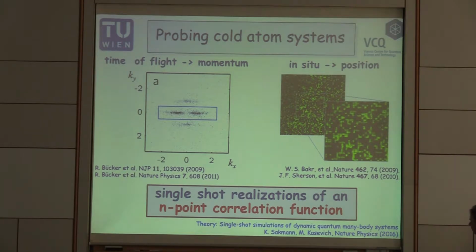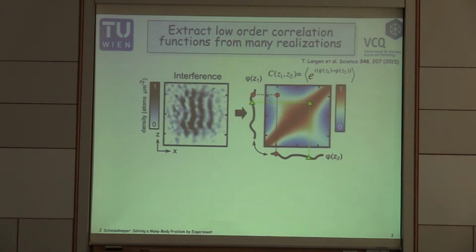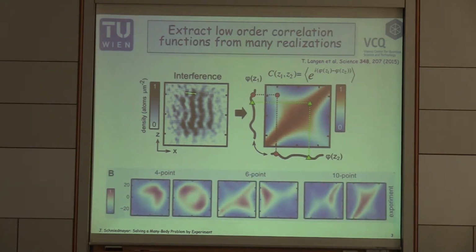So usually what we do is apply some kind of different unitary operator before the measurement. For example, that gives you an interference pattern, and from this interference pattern, at each slice, you collect the phase. Because it's in a trap, it's a non-translation-invariant correlation function, and you plot the G2 as a square.